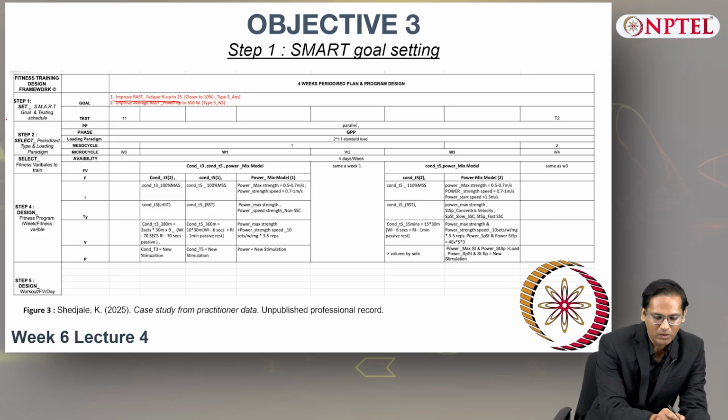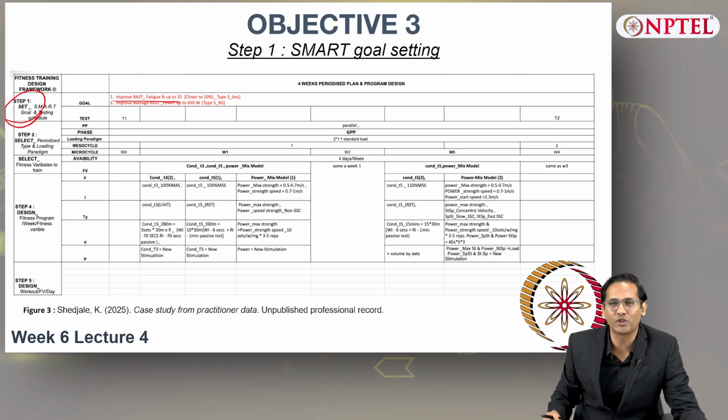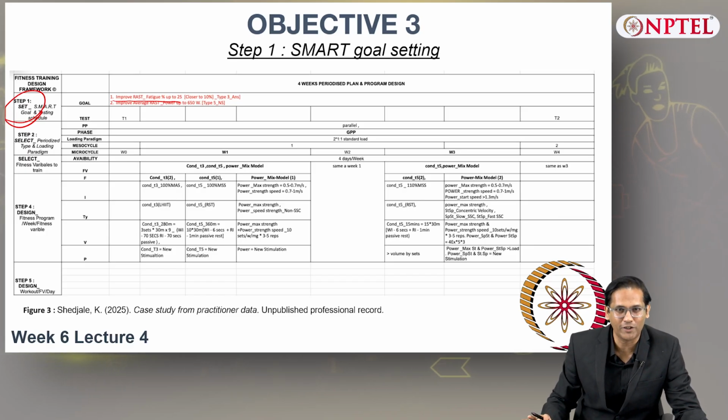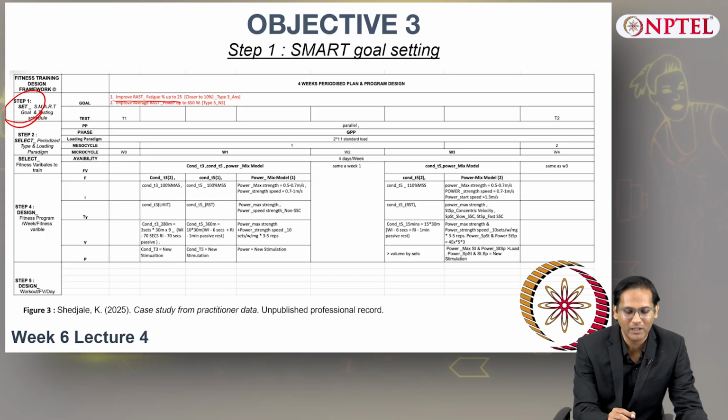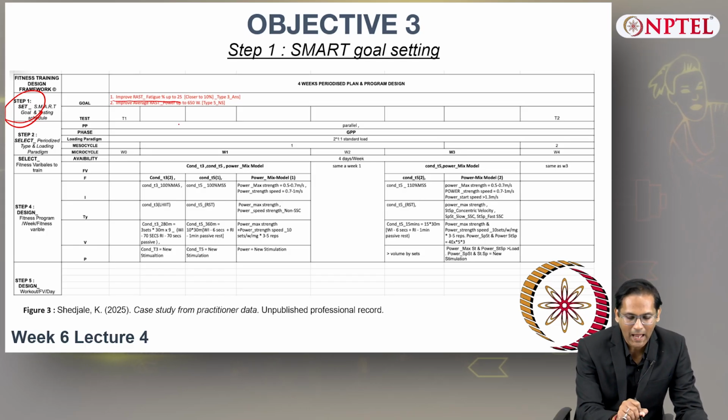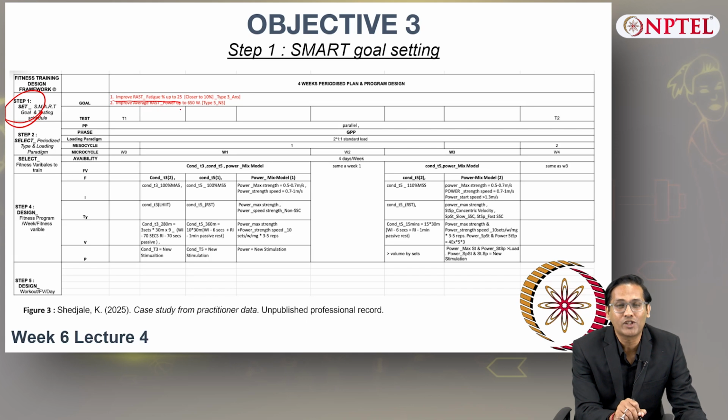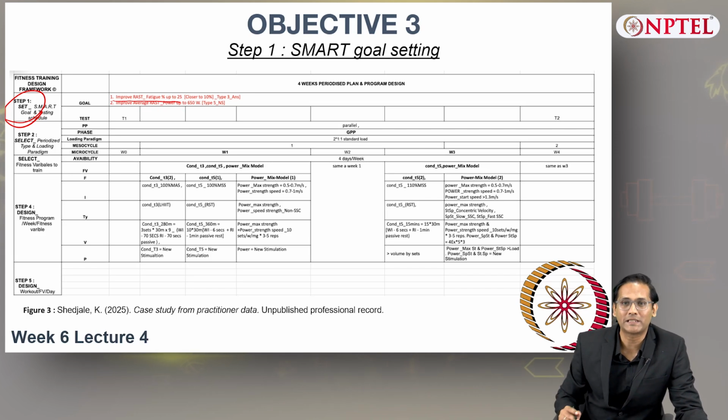Now, this is how the first step is executed. We set a very clear goal of improving aerobic and anaerobic conditioning by measuring it with percent fatigue and the average speed by the RAS test. Now we create cycles.